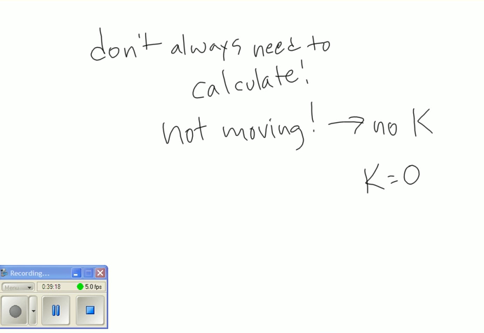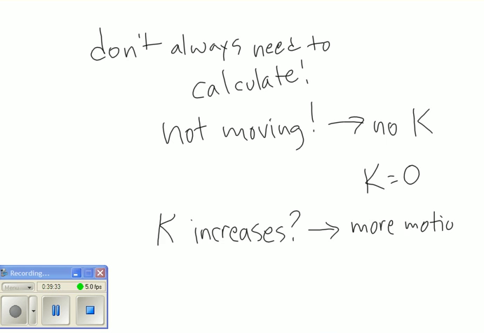What are you going to see if kinetic energy increases? You'll see something moving more. If it decreases, that means something in the system is moving less.